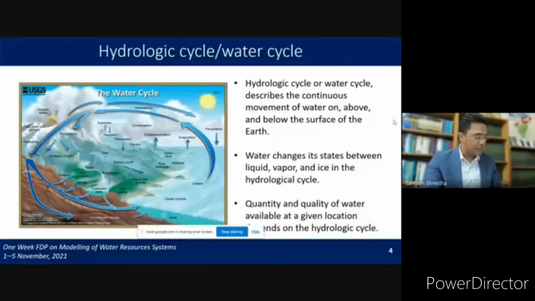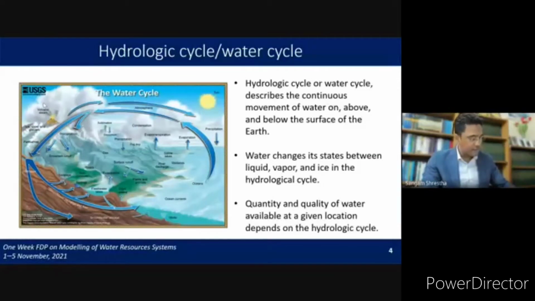Okay, so let me briefly explain the hydrological cycle or water cycle, because it is very important to understand what the hydrological cycle means, because the climate change impact on water resources is basically from the impact on the hydrological cycle.